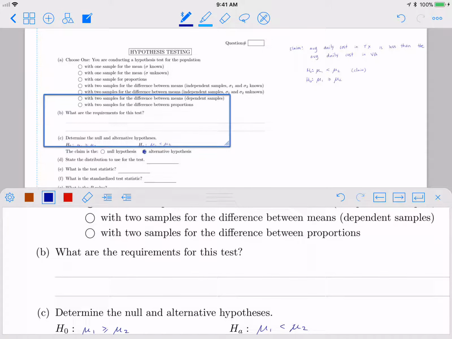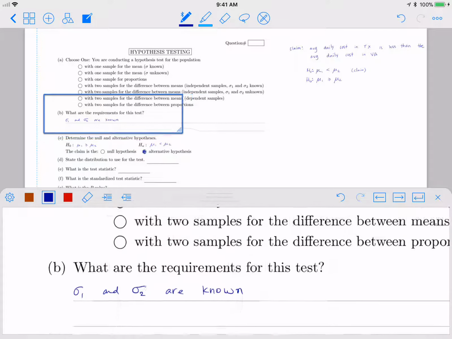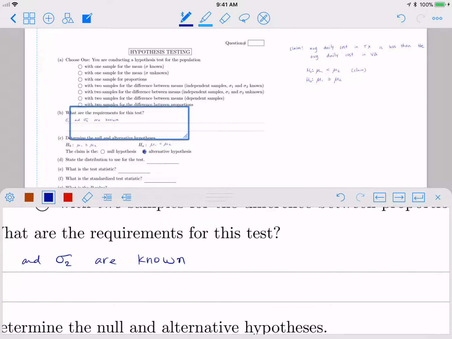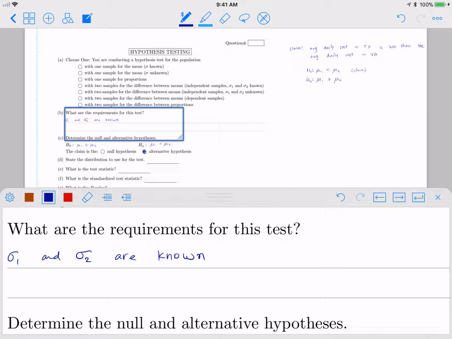Okay, the requirements are the same. Sigma 1 and sigma 2 are known. We need random samples. We need independent samples.